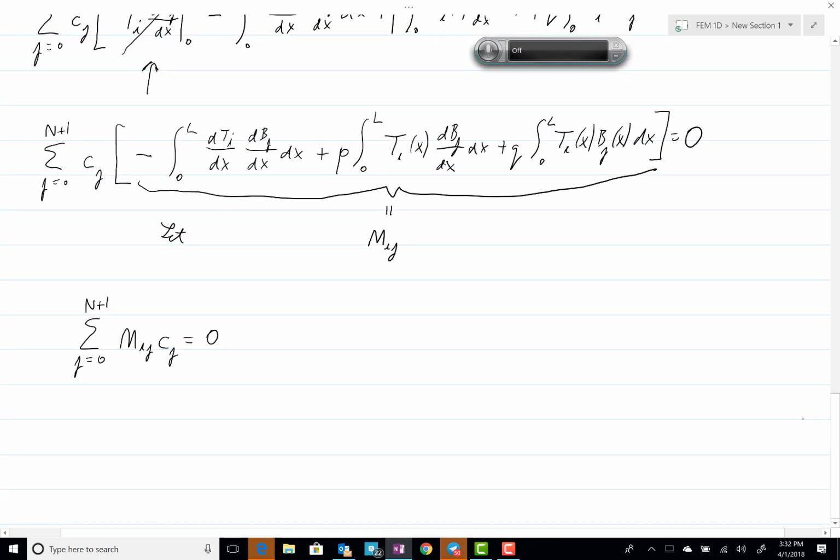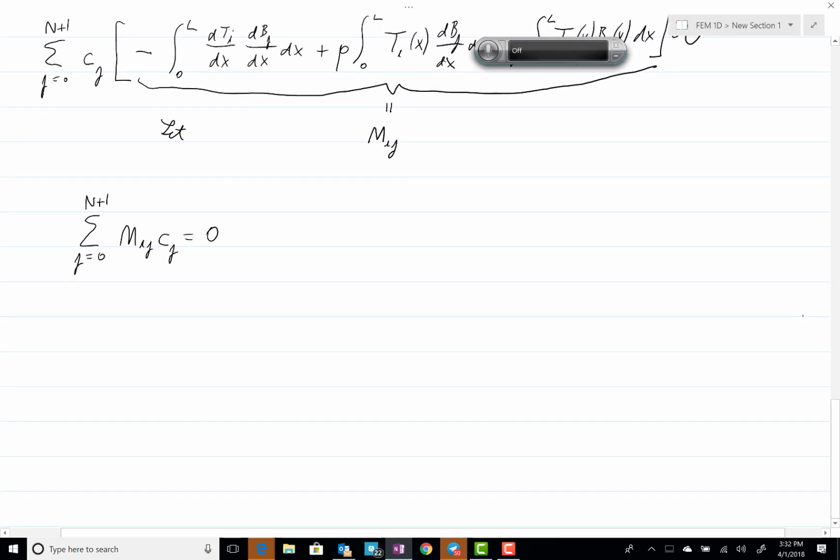Now remember that C0 is equal to A and Cn plus 1 is equal to B. So now that we have done all this work, let's do the following. We will say this is the same as saying Mi0 C0 plus Mi,n plus 1 Cn plus 1 plus the sum j equals 1 to n of Mij Cj is equal to 0.